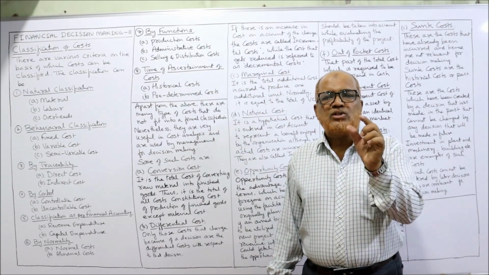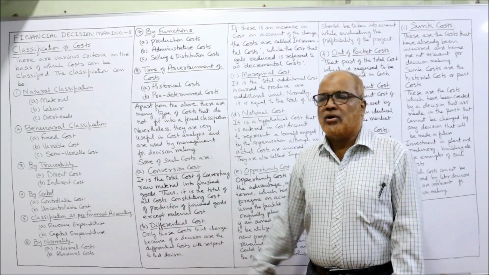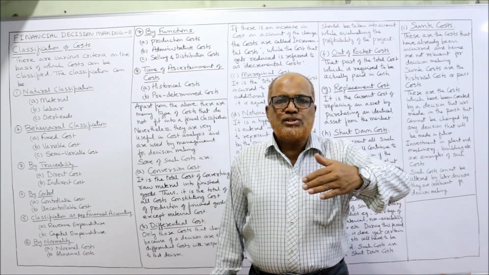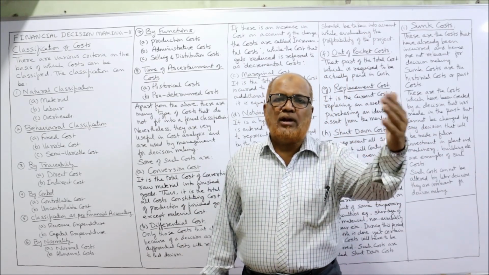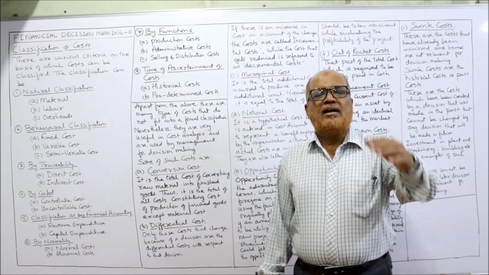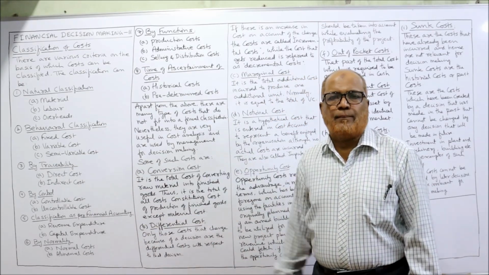This type of cost which varies according to the level of activity is called variable cost. Semi-variable cost is partly fixed, partly variable. To some extent it will remain fixed, later on it will become variable. So in this way, the cost can be classified as fixed cost, variable cost, and semi-variable cost according to behavior.